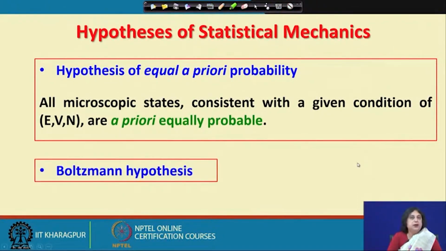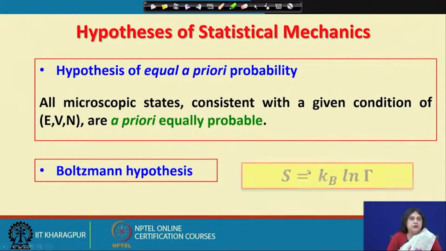There is another hypothesis which gives us the other cornerstone of statistical mechanics, and that is the Boltzmann hypothesis. This hypothesis is associated with the famous scientist Boltzmann, who gave us probably the most important mathematical relationship, which gave rise to the application of basic theoretical physics to a very large number of systems with real practical applications.